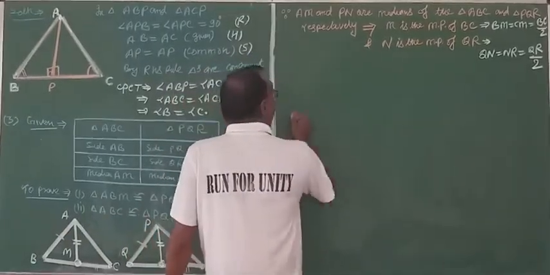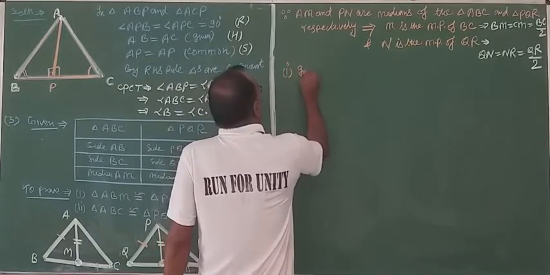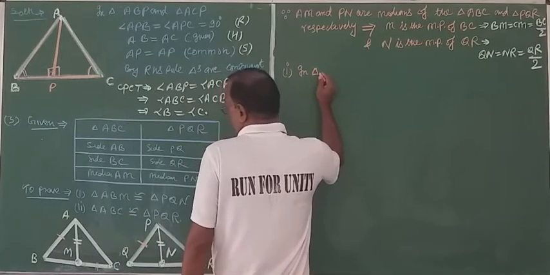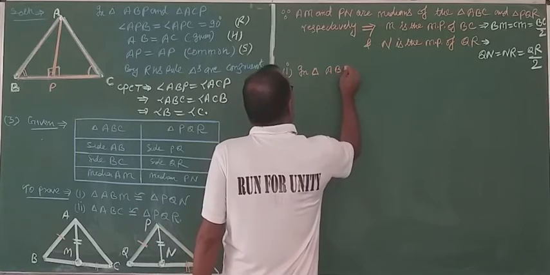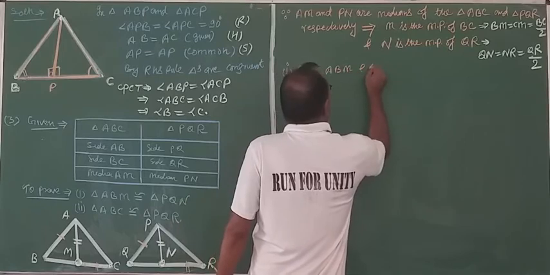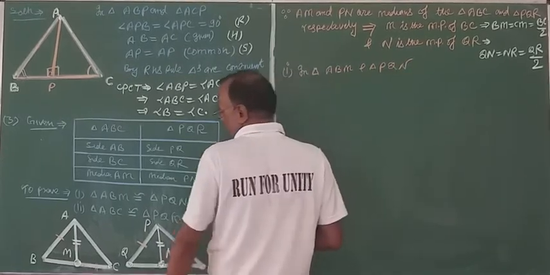Now just look here. Take the first part. In triangle ABM and triangle PQN, just tell me what is given.